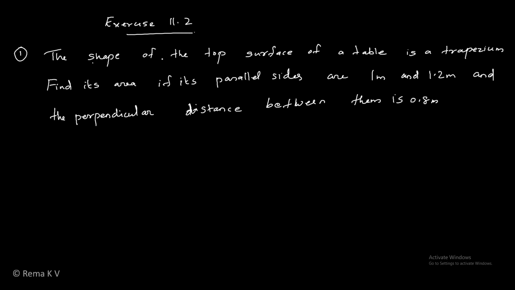The shape of the top surface of a table is a trapezium. Find its area if its parallel sides are 1 meter and 1.2 meter, and the perpendicular distance between them is 0.8 meter.